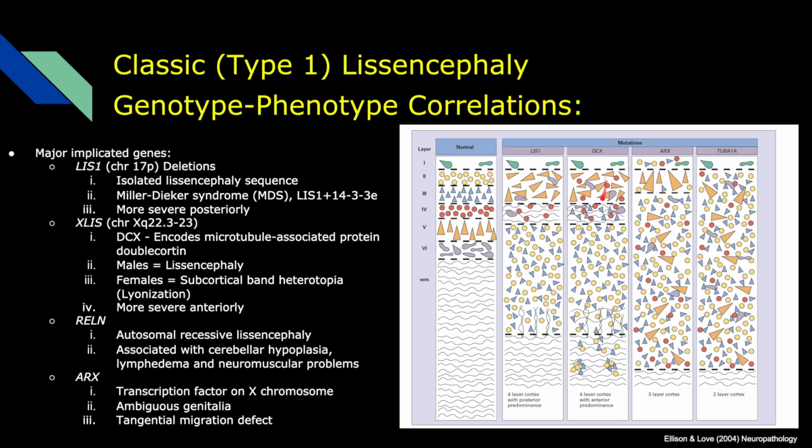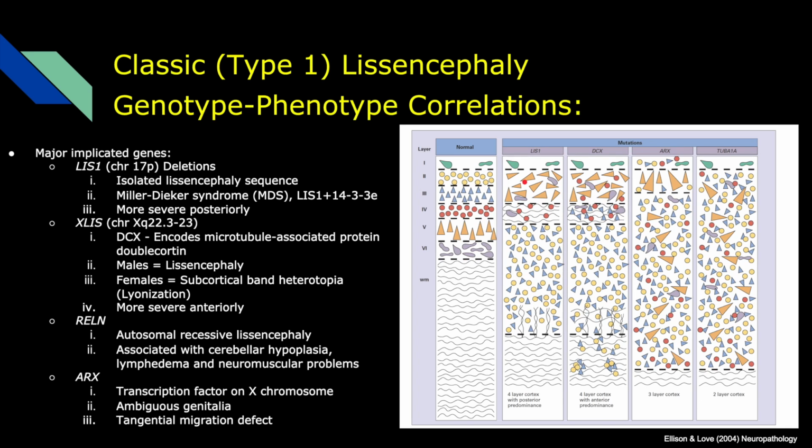But this cartoon, I think, really highlights some key features. So this is the normal cortex. You have a very tight, normally thin cortex, and you have an abundance of white matter because of these nicely formed pyramidal neurons. And then in LIS1, you have a 4-layer cortex.